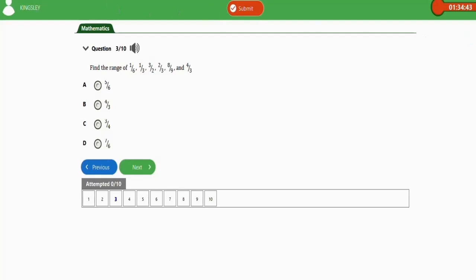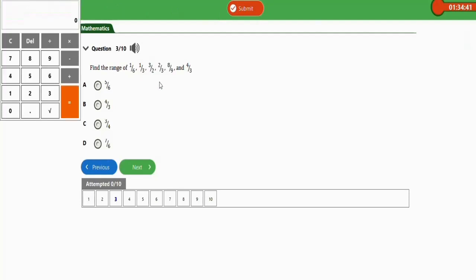So this is the calculator, and these values we have are in fractions. So you have to be able to identify the least fraction here and the highest fraction here. Looking at this question, I already know that the least fraction here is 1 over 6. So 1 divided by 6 will give us 0.166.